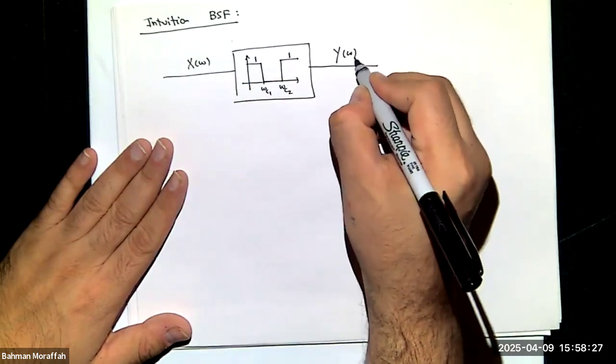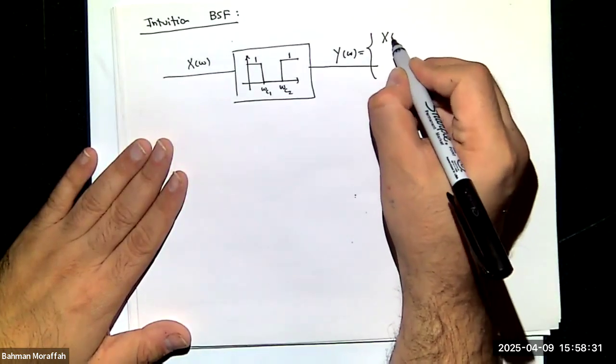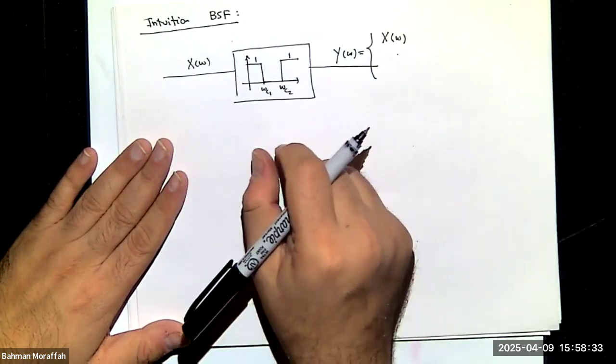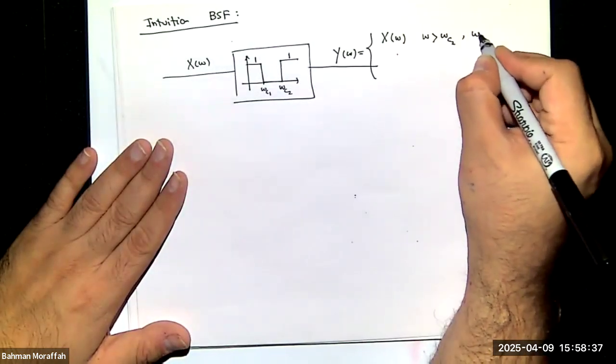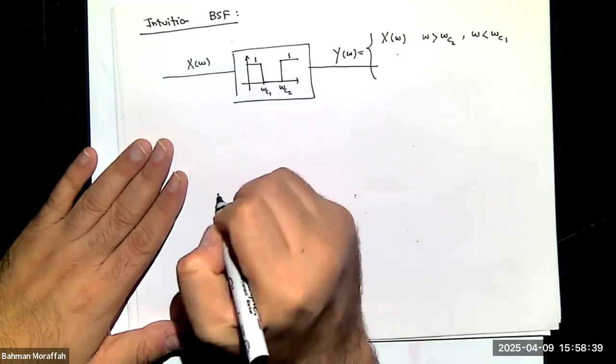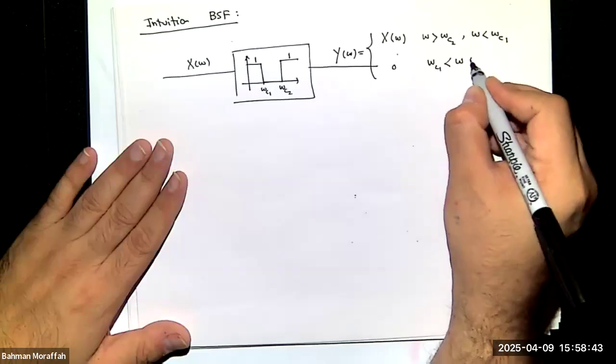So Y of omega is exactly X of omega if omega is greater than omega C2 or omega less than omega C1. And it is 0 if omega is between omega C1 and omega C2.